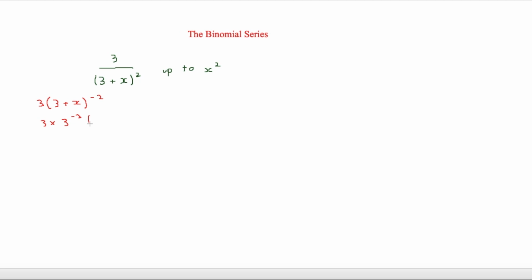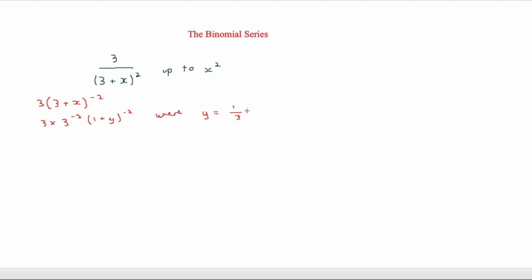Then we have 1 plus, and instead of an x, because it's x over 3, we're just going to put a y in here. So 1 plus y to the minus 2, where y is equal to 1/3 x.